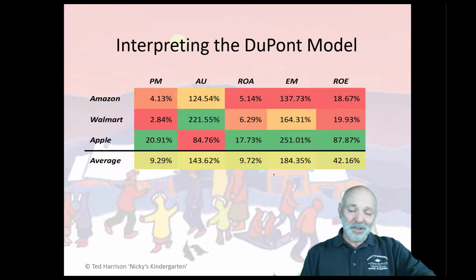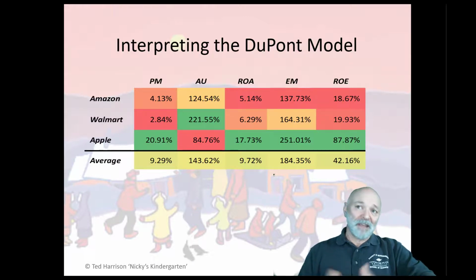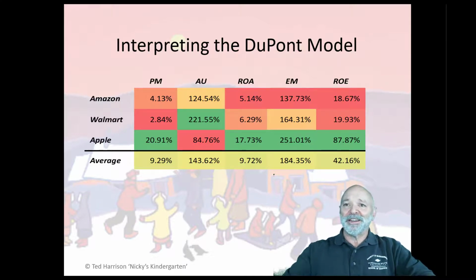Amazon has not got the highest profit margin, but it hasn't got the lowest. The highest profit margin of the 3 is Apple. And the average of these 3 companies was about 9%. Apple earns twice the average profit margin. That's why they're in a green box. And Walmart is the lowest. That's why they have the red box around their number.